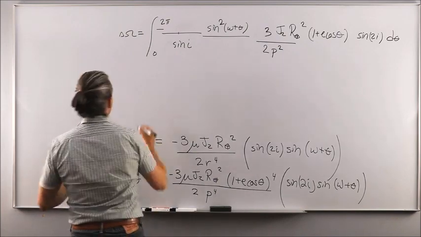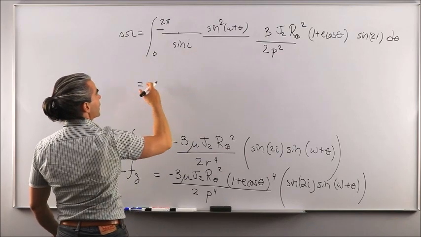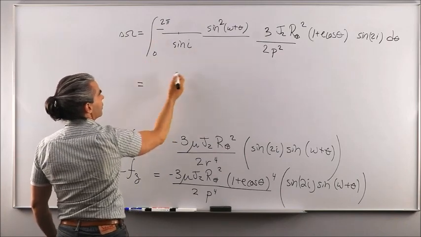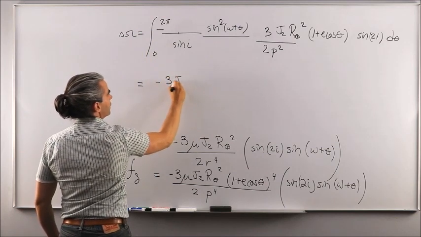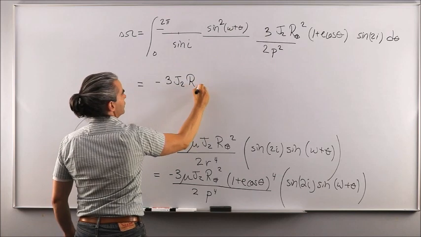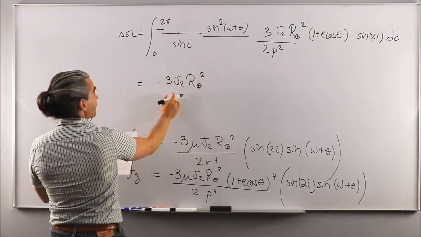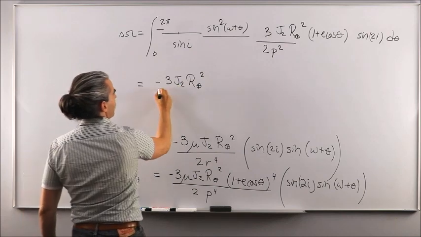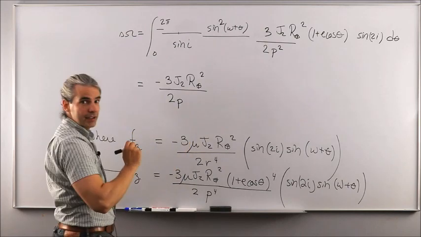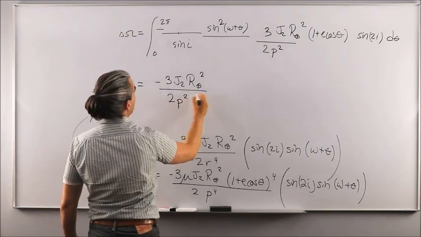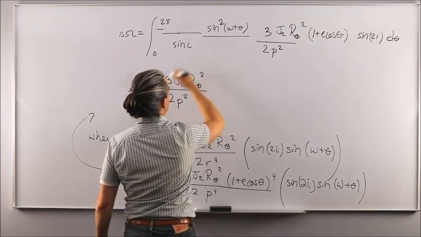Yeah, works out. So I'm going to pull a few terms that won't affect the result of the integral outside the integral. So minus 3 J2 radius of the Earth at the equator squared over 2p, where p is only a function of semi-major axis and eccentricity, as you know by now. And because the integral won't get affected by this, I can pull it out.